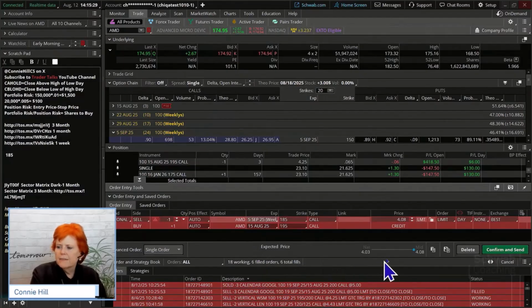And that is going to generate a credit for us of 408. Great. We're buying back the old contract cheap, and we're selling a new one that's generating this credit. That's pretty close to what the price of the option is, but we do have to pay off the 6 cents on the old contract.